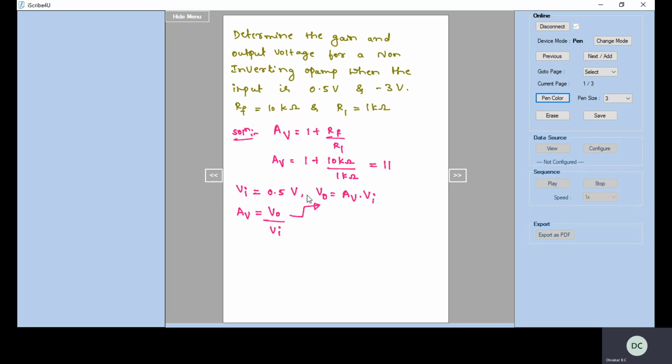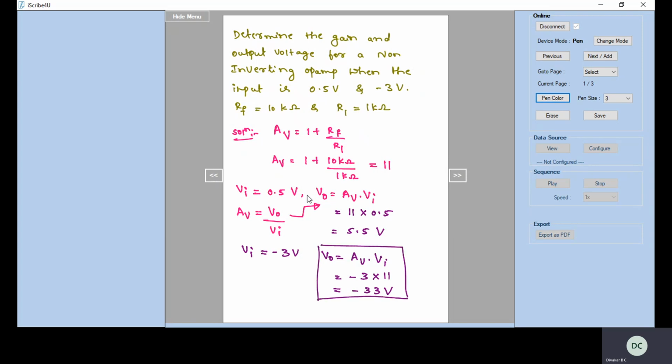So V naught is equal to AV into Vi, that is 11 into 0.5, that is 5.5 volts. Similarly, for the input minus 3 volts, V naught is equal to AV into Vi, that is minus 3 into 11, which is nothing but minus 33 volts. So this is the output voltage for the non-inverting operational amplifier.